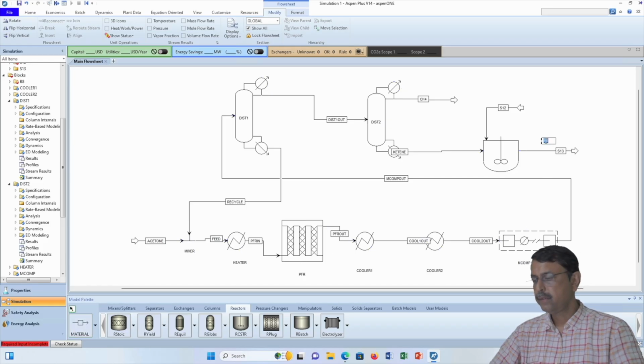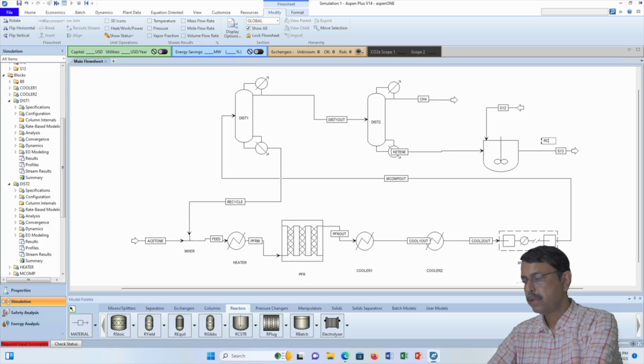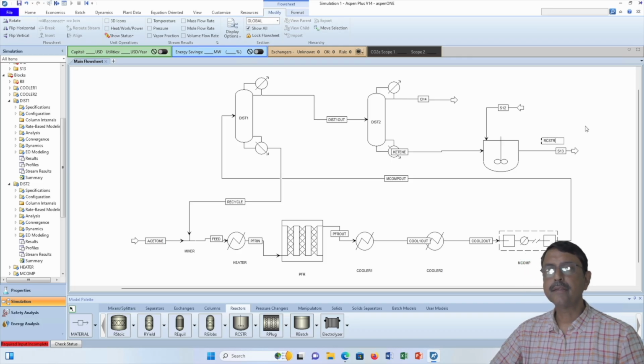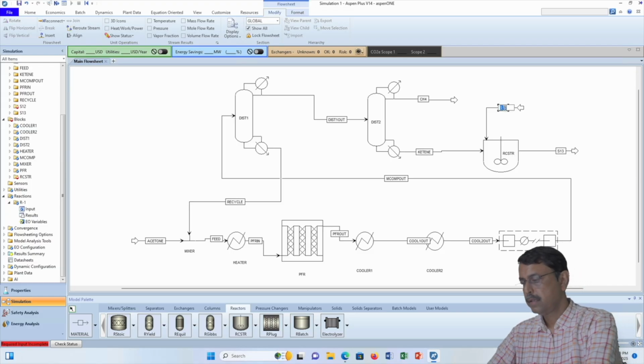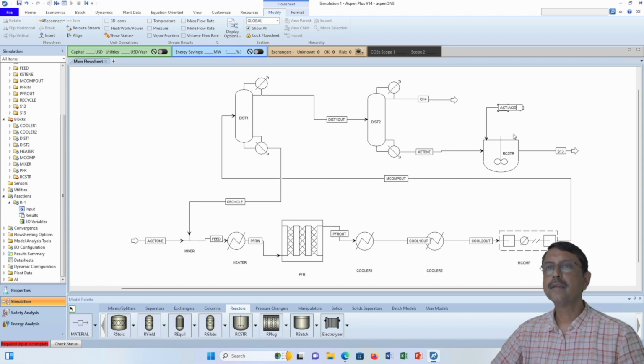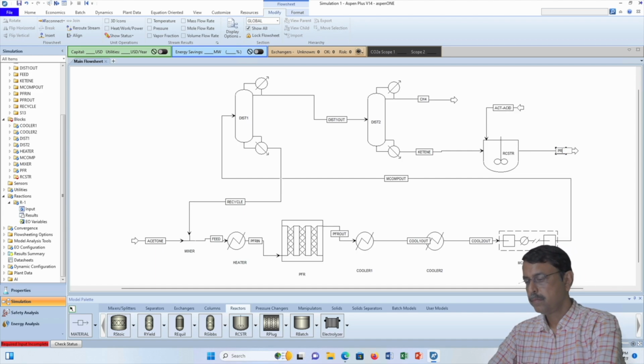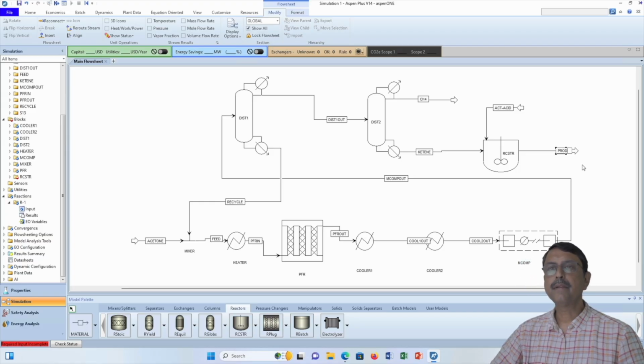So this is, we call it our CSTR, reactor CSTR. Okay, and this one is acetic acid. This one is the product, that means the acetic anhydride.